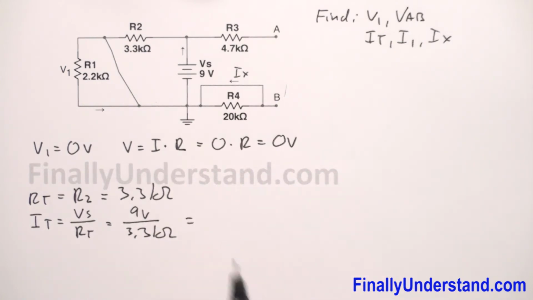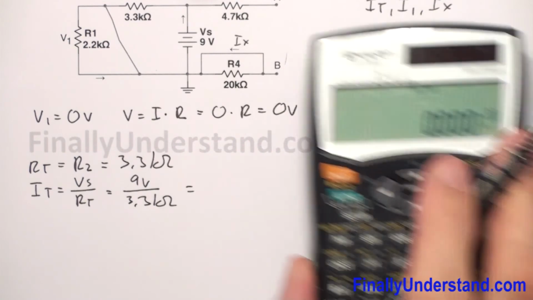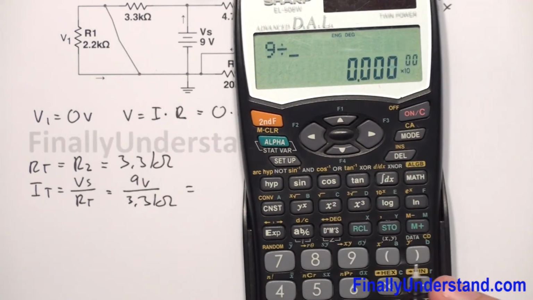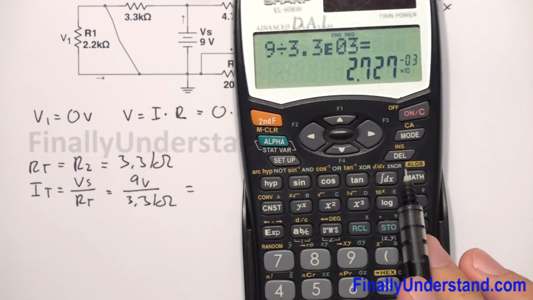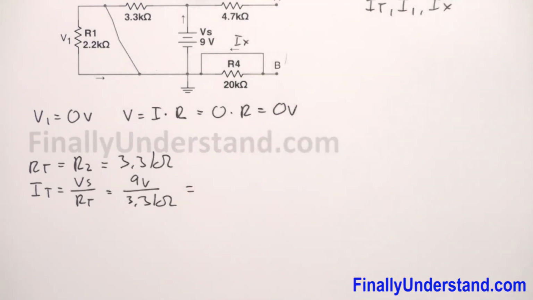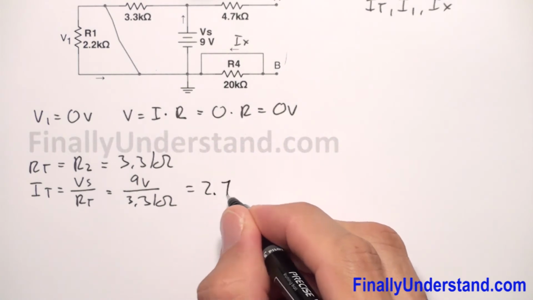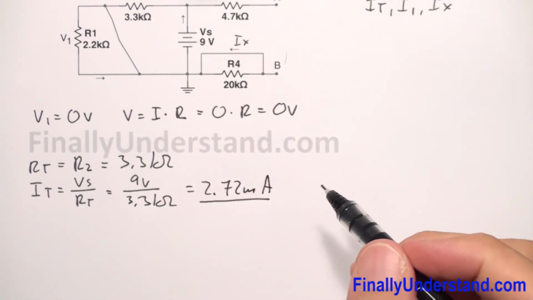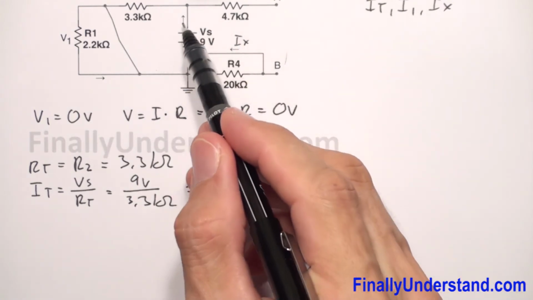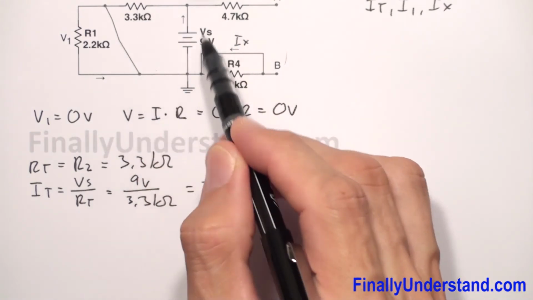Okay, so this is equal 9 divided by 3.3 times 10 to the 3. This is equal 2.72 milliamps. So this is total current in my circuit. In other words, this is the current in this loop only.